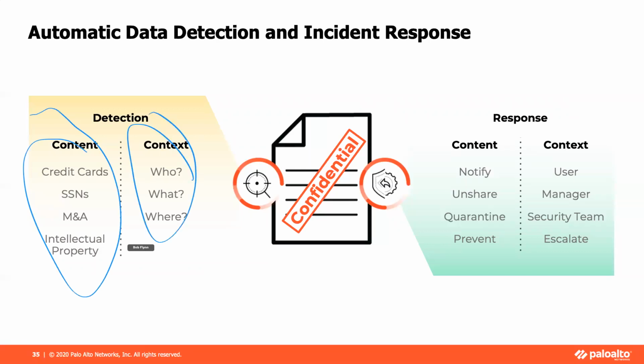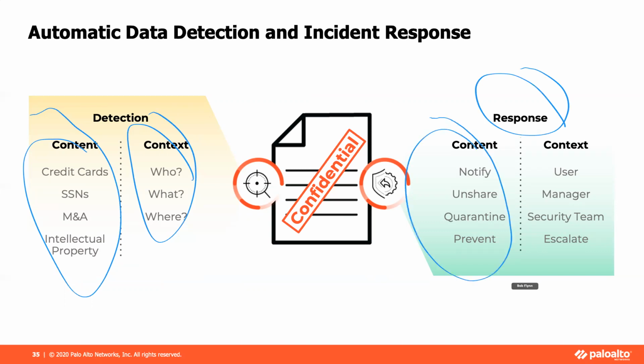And who is accessing it, what they're accessing it for, where they are, where the information is, and be able to respond to this with different actions to notify or unshare information or quarantine information, prevent access to information.